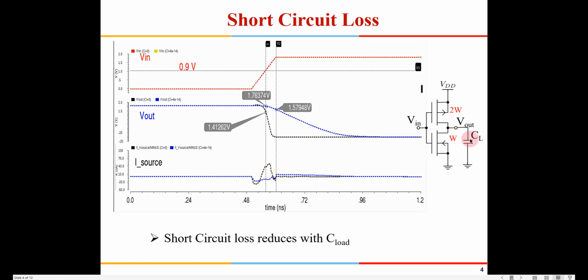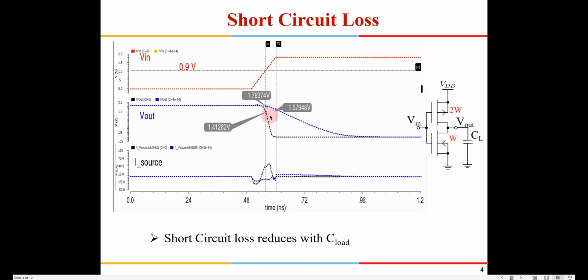Once I put the capacitor here, you will find this voltage will not fall rapidly. When the input voltage rises high, the output node will start falling, but it falls slowly because of this capacitor, which tries to hold the charge.